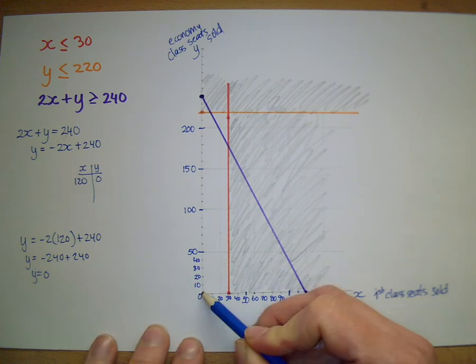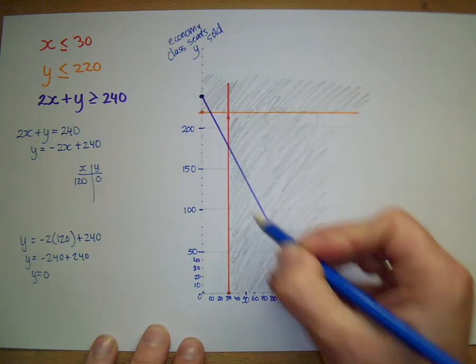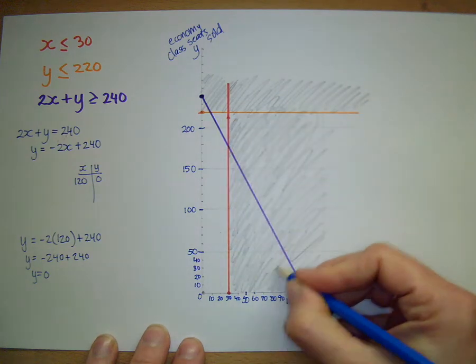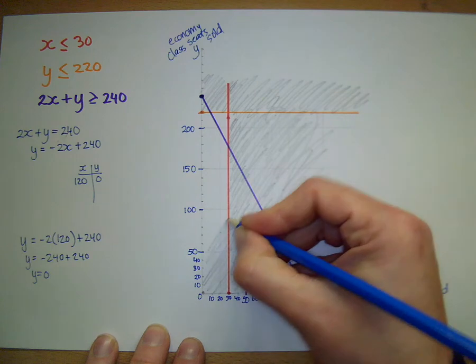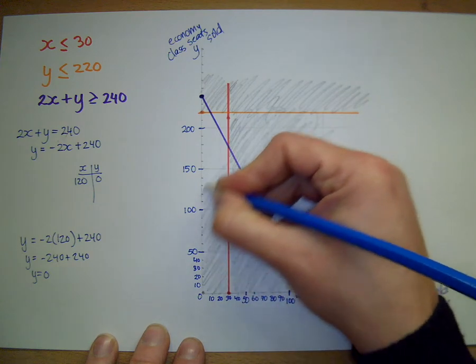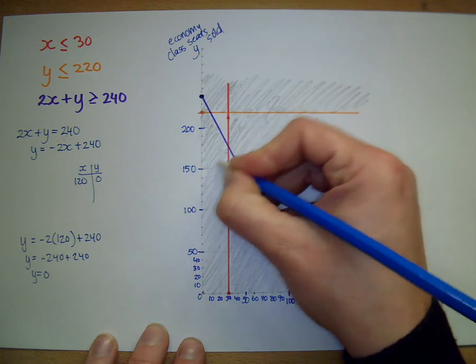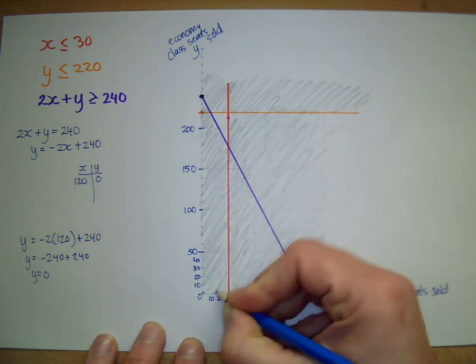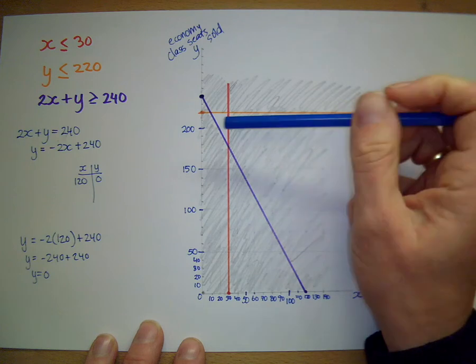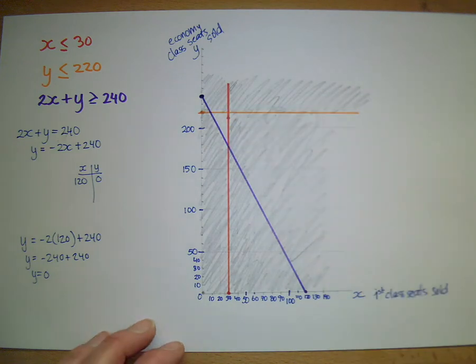That's on this side of the line, so we're going to shade the whole area on this side of the line. Voilà. And we're left with this nice little triangle that is white.